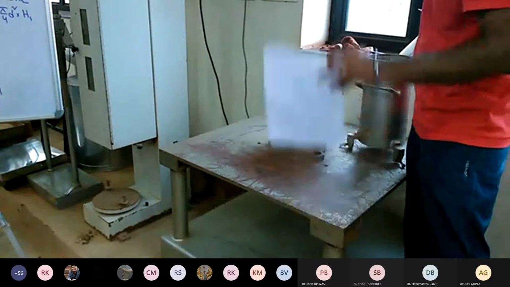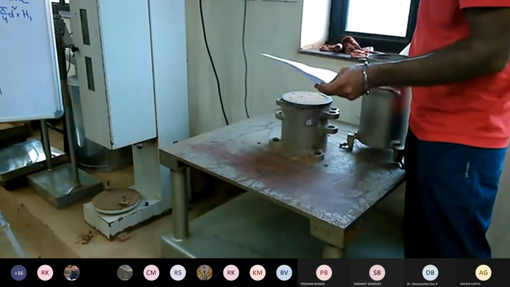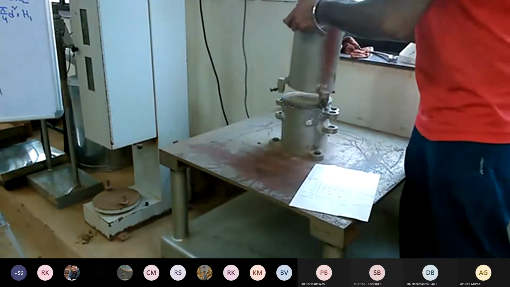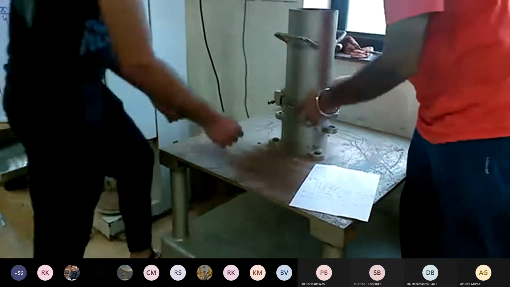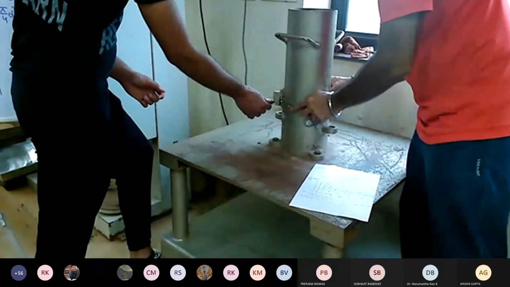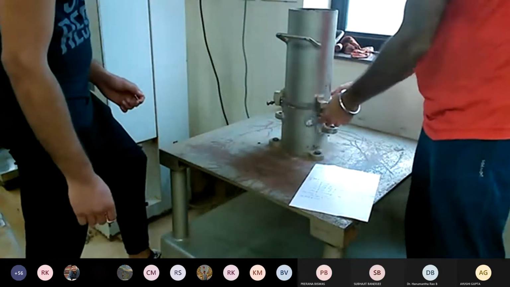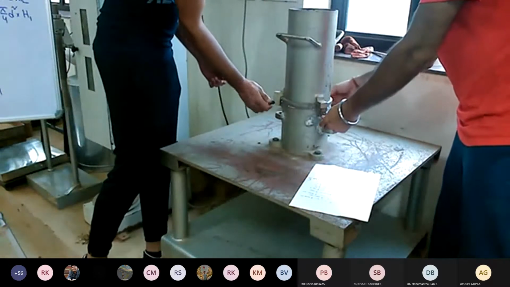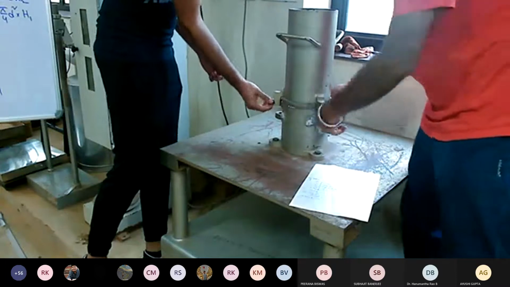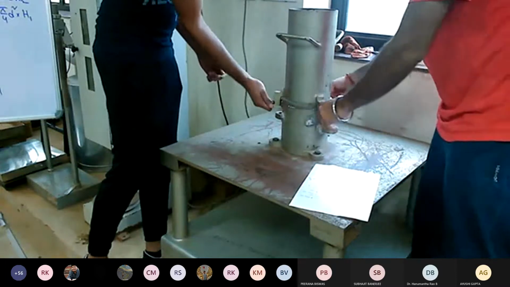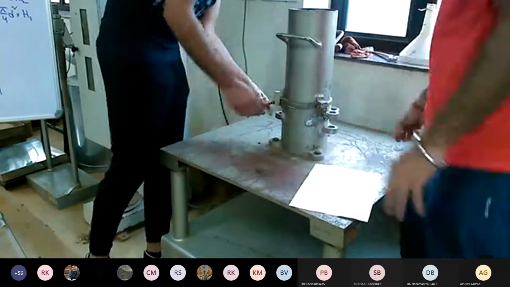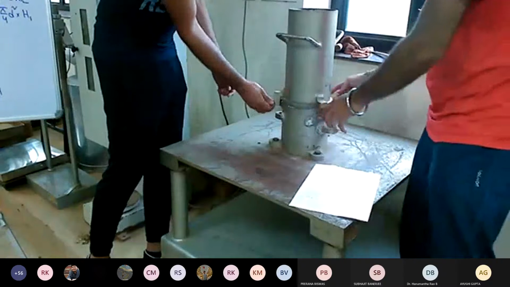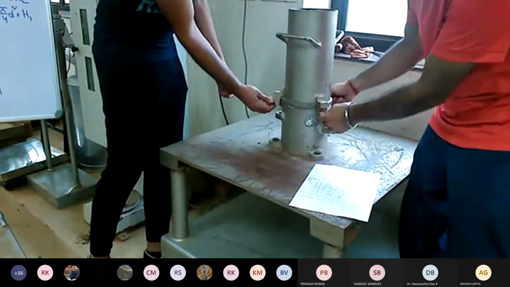Yeah, put the sleeve. Not a problem. डायरेक्टली put मट्टी की. This is nice.